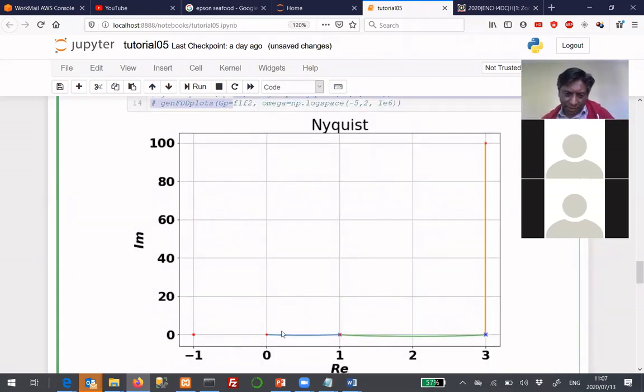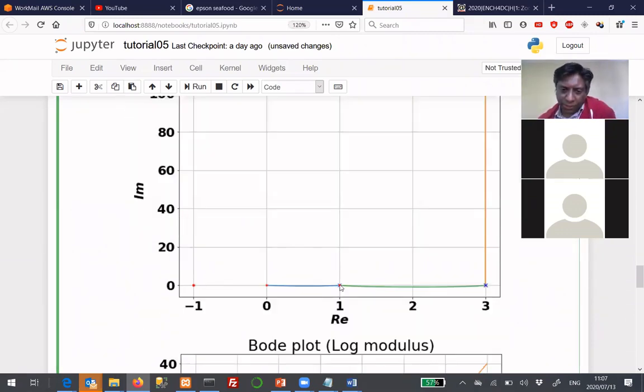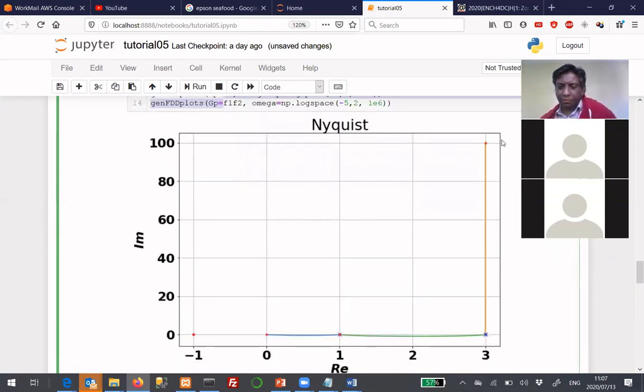You can see a slight curve here, but you can see it better if you comment these lines out. That was the curve we saw before, starting at 1 and looping in towards 0. And then we've got this new line here, and this is the second function.